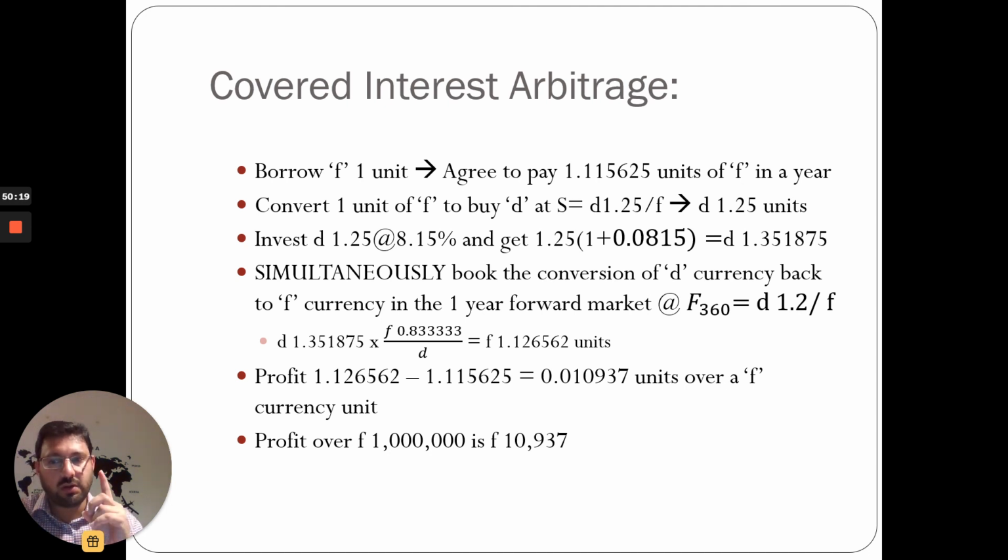And this is the profit if you had started with borrowing 1 unit of the F currency. Let's suppose you have borrowed 1 million units of the F currency, then your profit is simply the multiplication of 0.010937 with the 1 million. It means 10,937.